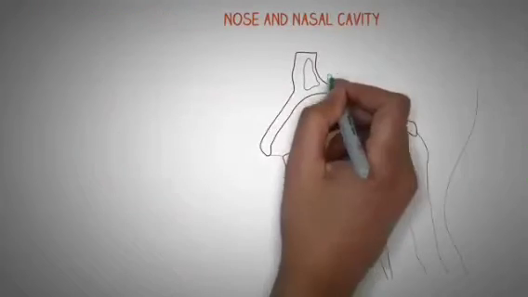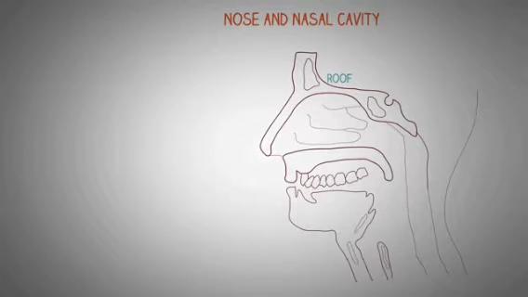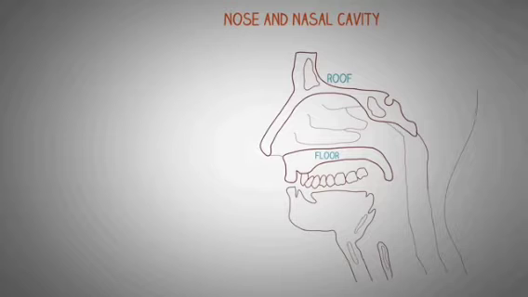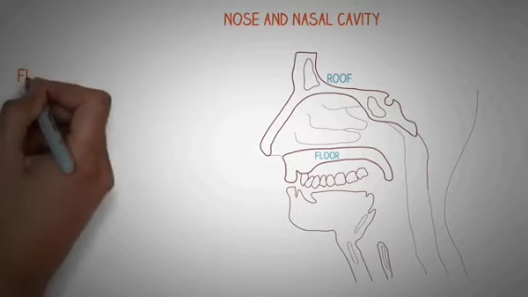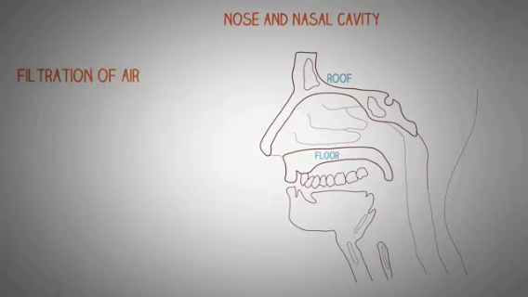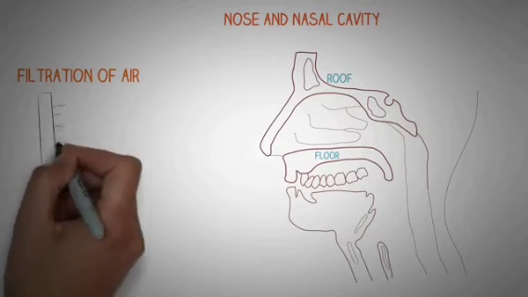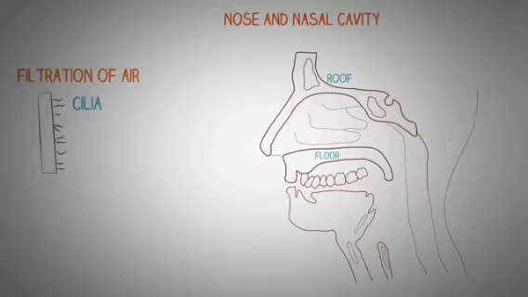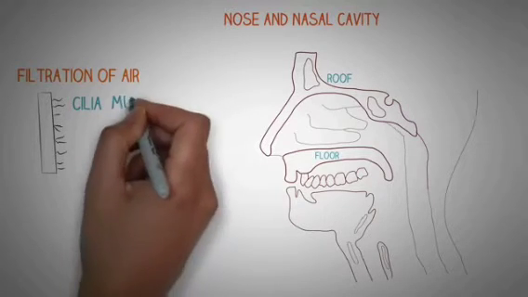Breathing starts when you inhale air into your nose or mouth. It travels down the back of your throat and into your windpipe, which is divided into air passages called bronchial tubes. The nasal cavity helps in filtration of the air with the help of the mucous glands and the hair present there.